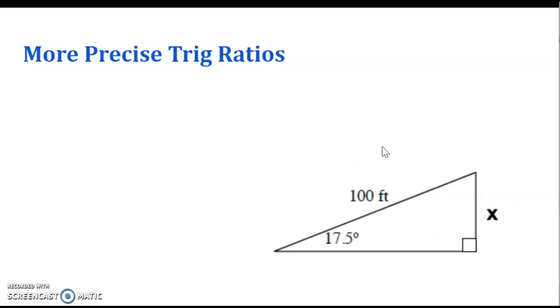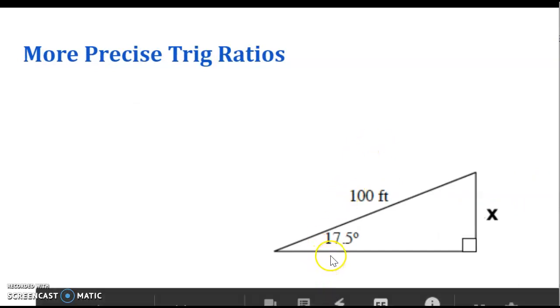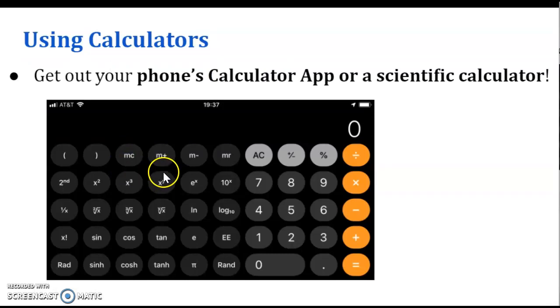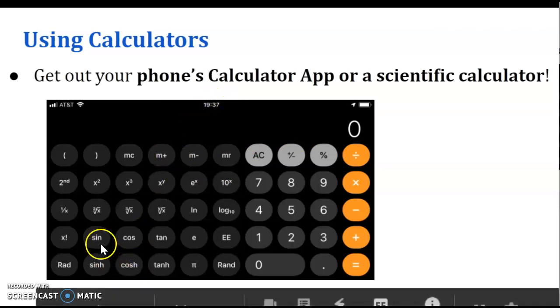Now, let's talk about more precise trig ratios. What if you are given an angle of 17.5? How would you figure out what x is? Well, it's close to 17, so we can't just say it's 17, or it's in between. So how would we do that? We use the calculator. We haven't introduced it up till now, but the sine, cosine, and tangent buttons are right there.